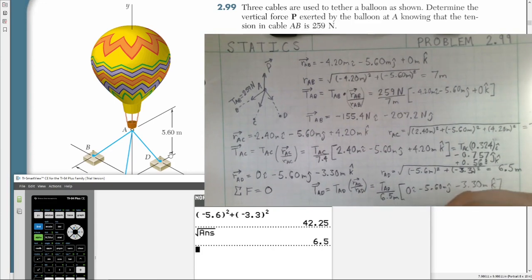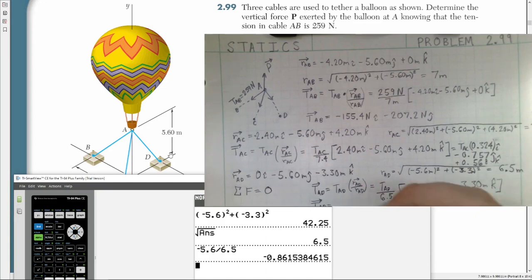We can go ahead and simplify each one of these. We divide negative 5.6 by 6.5, and we get a value of negative 0.862 times tension AD, and don't forget that's in the j hat direction.